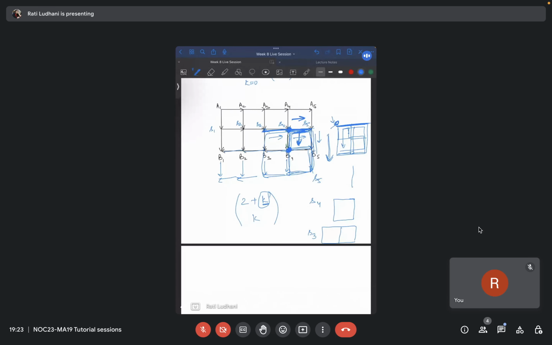Now down, then east, then down, then down, then west. Yeah, you can go like this. So all the options you need to consider. So what will capture that? This can capture that, right? 2 plus 2, choose 2, because you are going at this point.